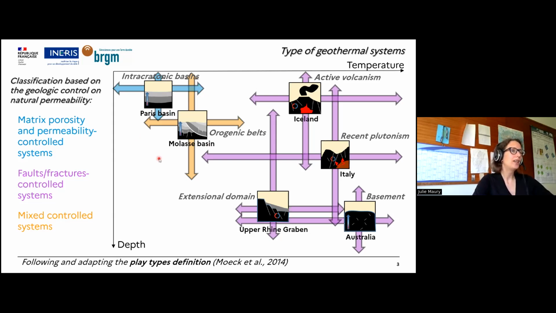And the third one, which encompasses several of the MOC play type definitions, is the fault and fracture control system that could cover active volcanism such as in Iceland, extensional domains such as the Upper Rhine Graben in France, for example, or Germany, and also basement type such as in Australia. So those are our three main categories.